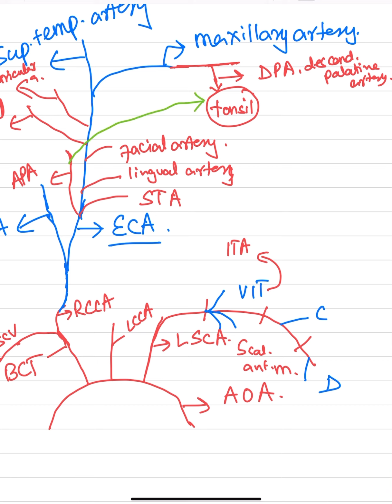Okay, then this facial artery, for example, this is our facial artery. This is giving here direct tonsillar artery to the tonsils, and this is also giving here one branch to the tonsil, that is your ascending palatine artery.